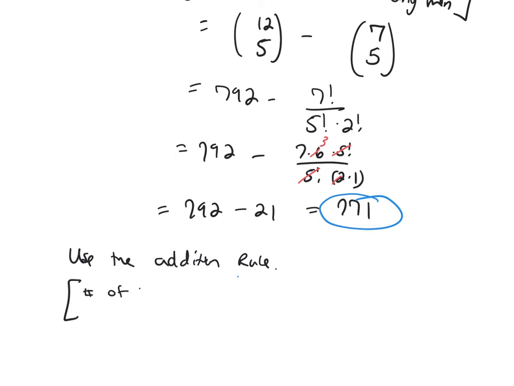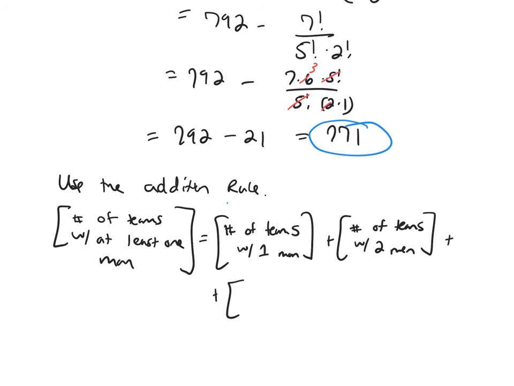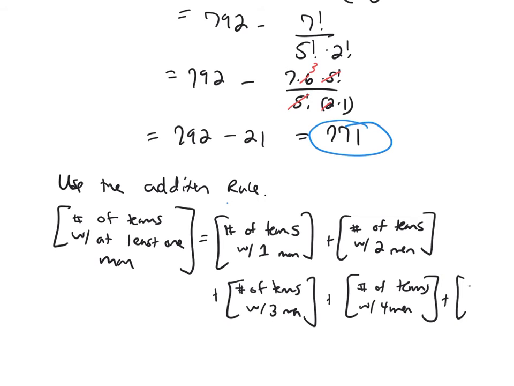The number of teams with at least one man: you add up the number of teams with one man, plus the number of teams with 2 men, plus the number of teams with 3 men, plus the number of teams with 4 men, and finally plus the number of teams with 5 men.